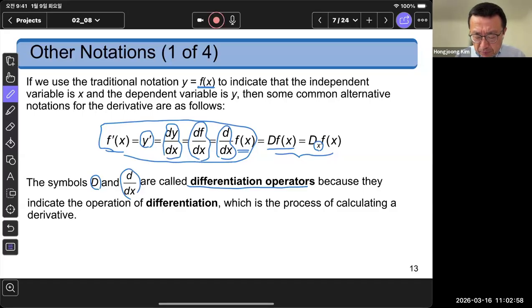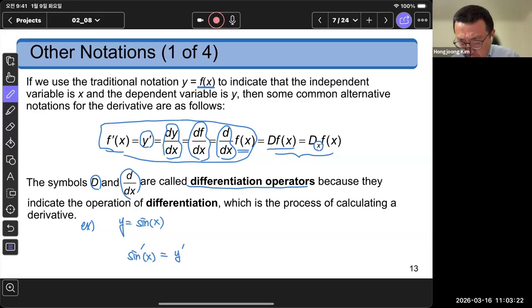So for example, when, say, the sine function is given, sometimes sine prime of x may be used, or sometimes y prime may be used to denote the derivative of the sine function, or sometimes we use d dx of the sine function, or sometimes D of the sine function.